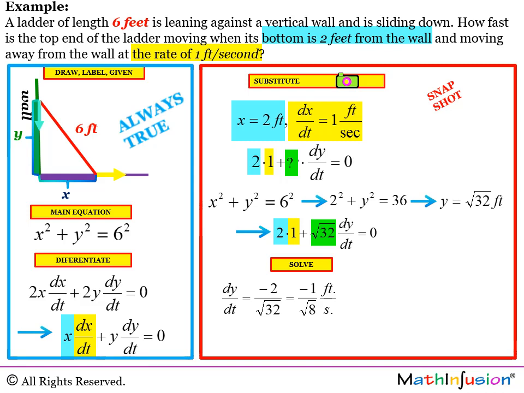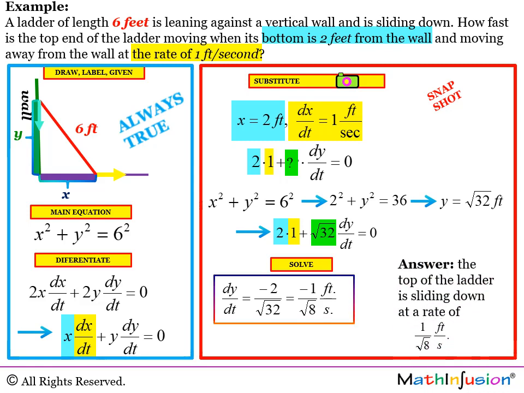We can actually check the answer. dy dt has to be negative, because the ladder is sliding down, it means that the distance between the top of the ladder and the floor is decreasing. And the answer is that the top of the ladder is sliding down at a rate of 1 over square root of 8 feet per second.